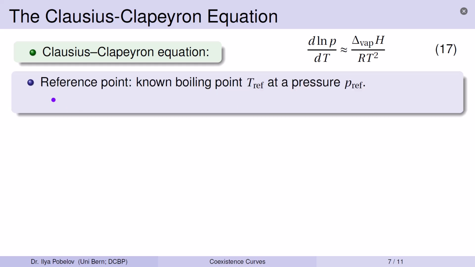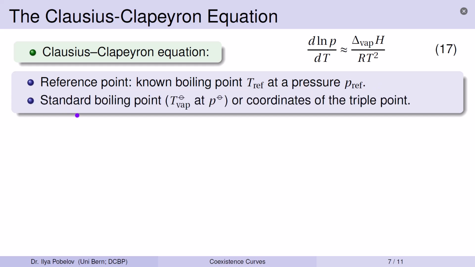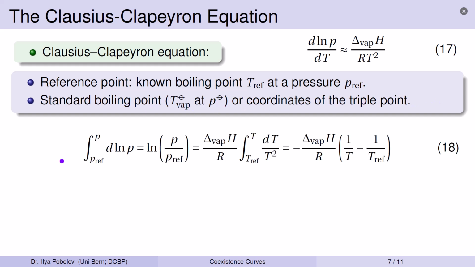To integrate it and obtain the equation of the whole curve, we need a reference point given by a known boiling point T_ref at a specific pressure P_ref. Common reference points include the standard boiling point or the coordinates of a substance's triple point. Using the Clausius-Clapeyron equation, we can establish a relationship between the reference and new pressures and temperatures.